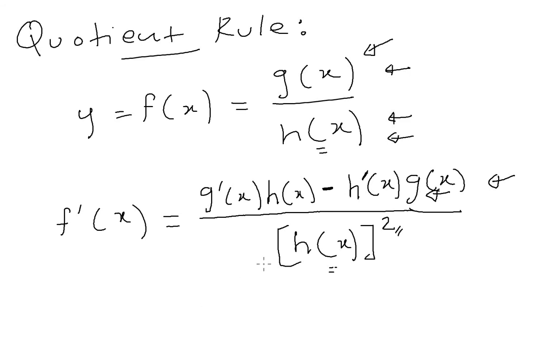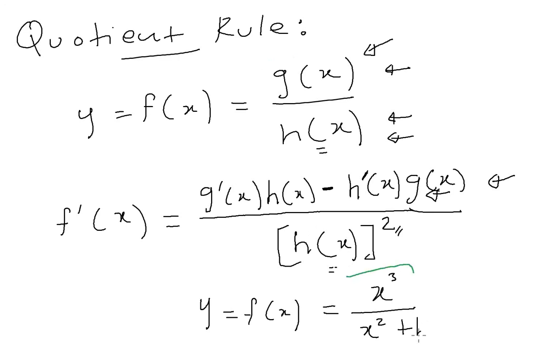Let's say, just give me one moment to adjust the screen. Let's say you have a function that looks like this: x cubed divided by x squared plus 1. As you can understand, the format of this function matches the format of the quotient rule.